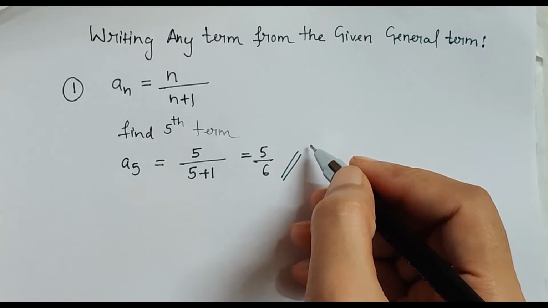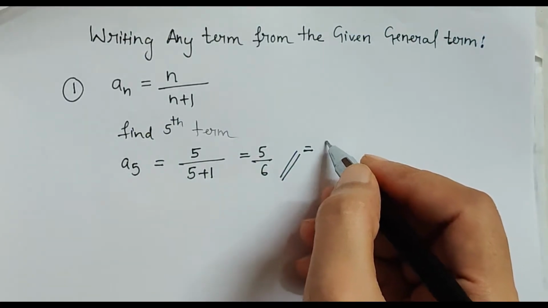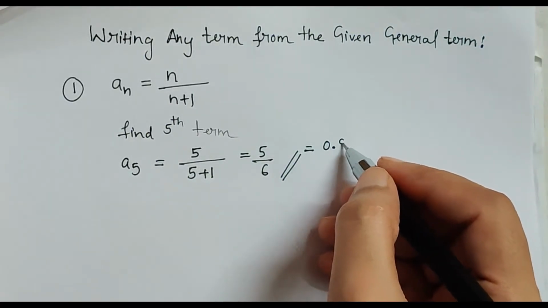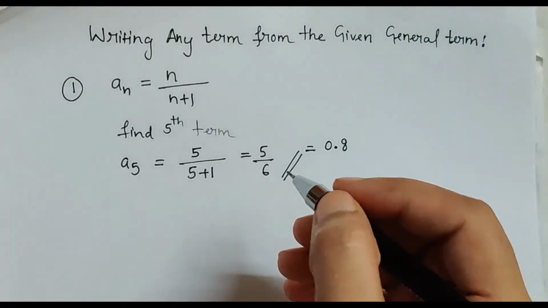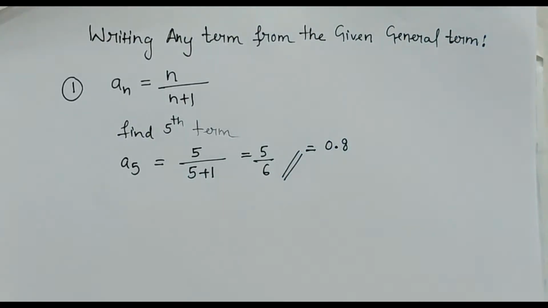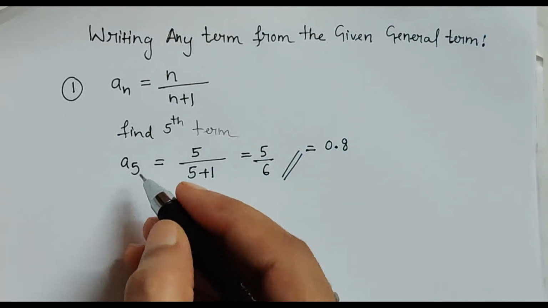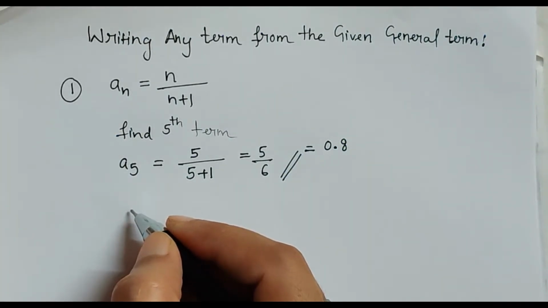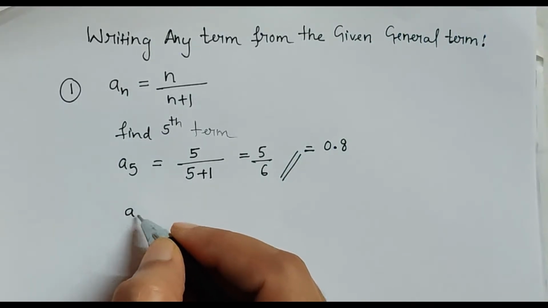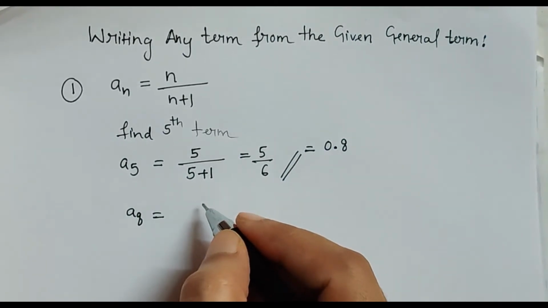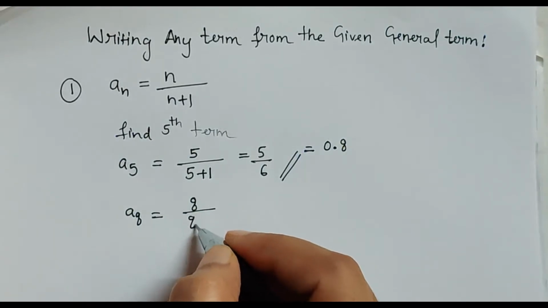Or if you're asked to write it in decimal, you can divide it, 0.8 and something, but definitely that sequence is in fraction, so leave it as it is, 5 by 6. Now suppose you are asked to find its 8th term. How will the 8th term be written? a8 will be equal to 8 upon 8 plus 1.